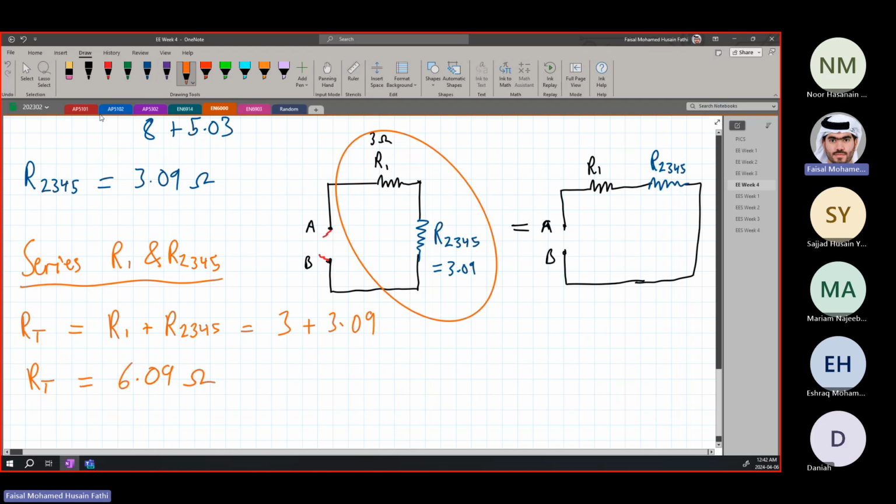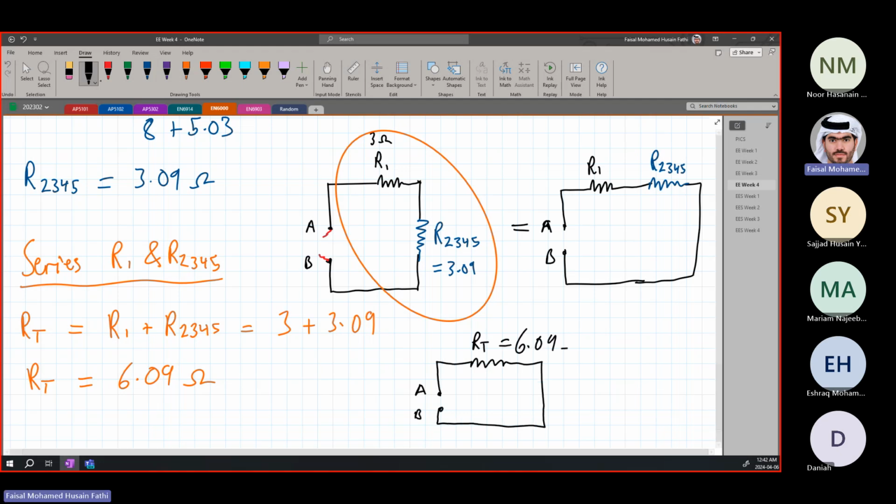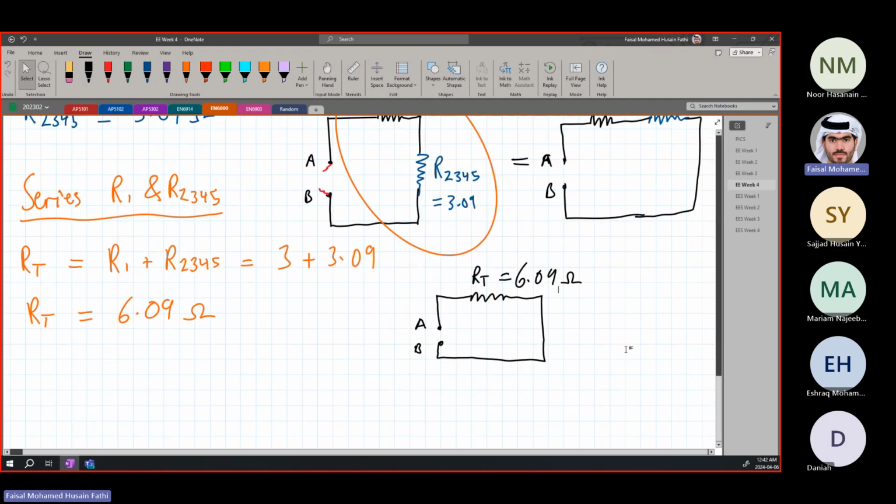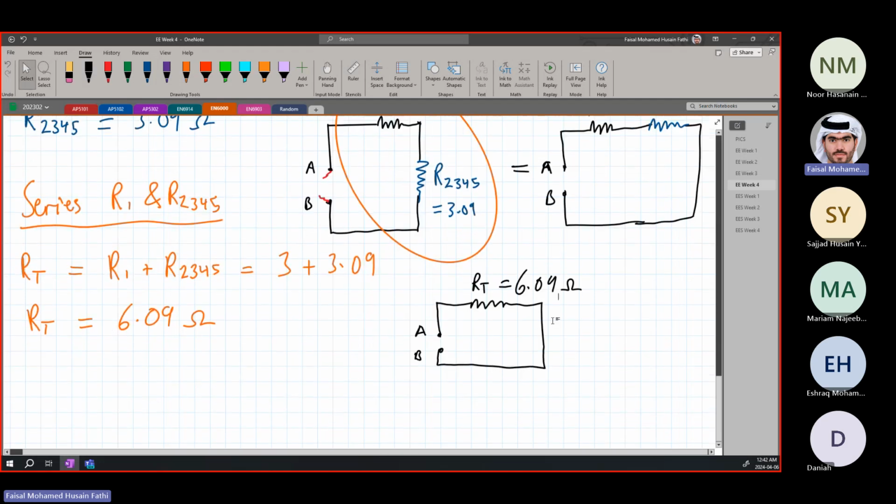So the final circuit has a resistor here, and B, this is A and B. This is RT, which is equal to 6.09 ohms. Okay? And that's how you solve. Again, a quick recap.